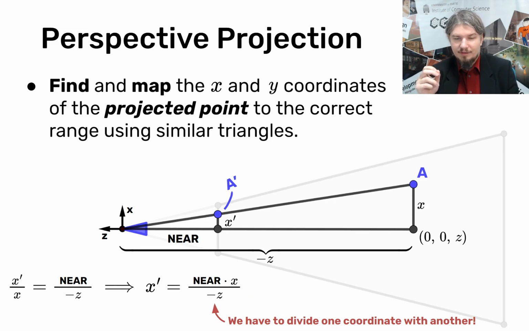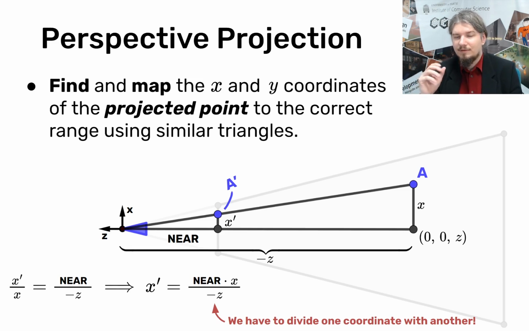The coordinates of the projected point A', the coordinate x' for example, needs to be divided by another coordinate, by minus z. This is something we haven't done before. With regular matrix-vector multiplication, we just multiply different coordinates with different scalar values, but we cannot divide by another coordinate. But here, in the perspective projection, we have to divide x by minus z.